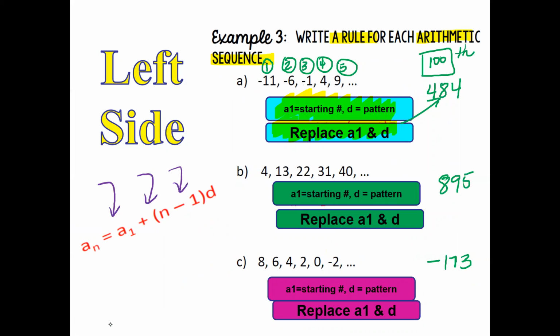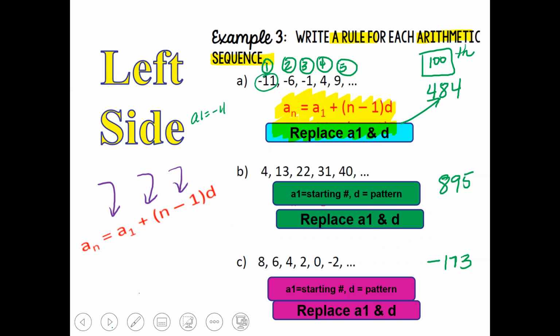All right, let's go ahead and take a look at example 3. Write a rule for these arithmetic sequences. Remember, A1 is your starting number, D is your pattern, and then replace A1 and D with your number, okay? So A1 is pretty easy. What's your first number? Negative 11. Next, what is your pattern?